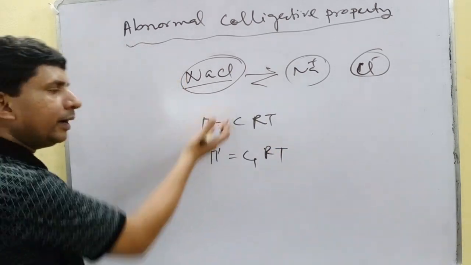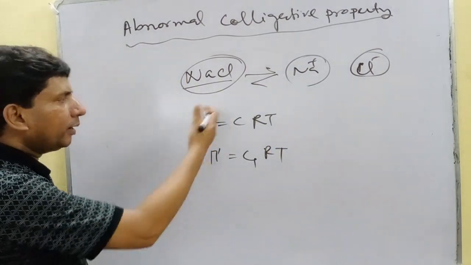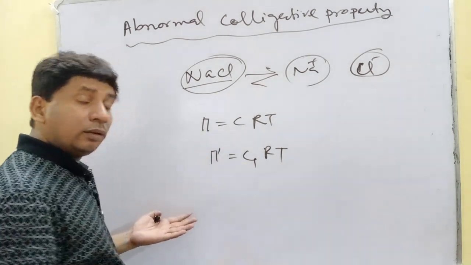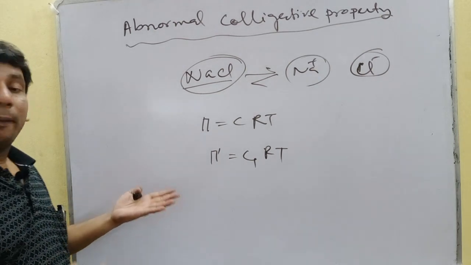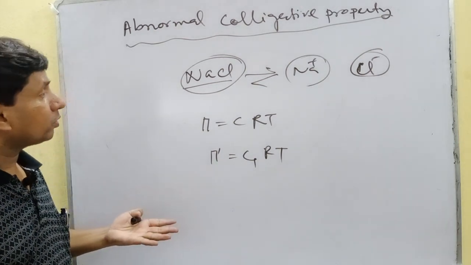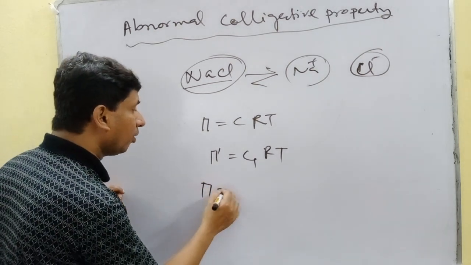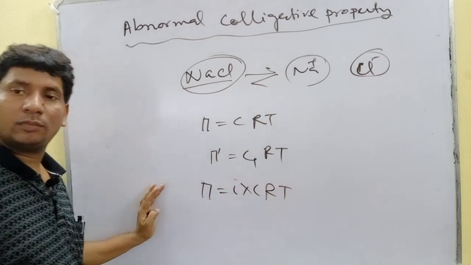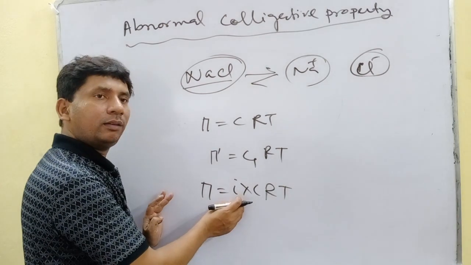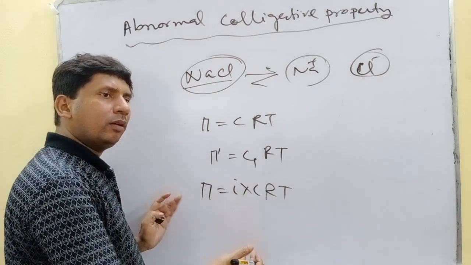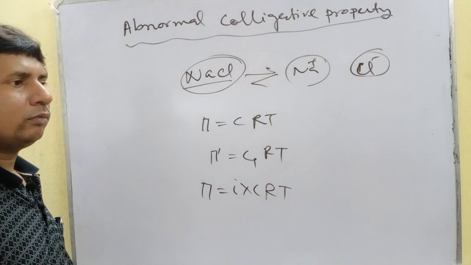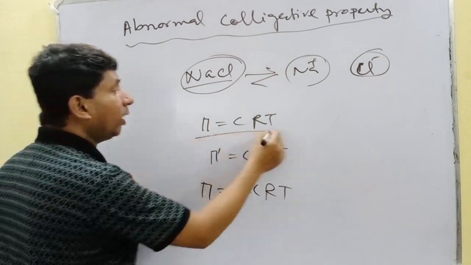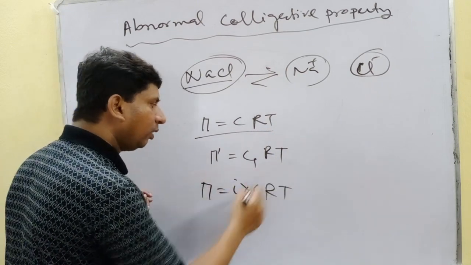Then how can we relate this? Van 't Hoff introduced that pi equal to i into CRT. Okay, there is a factor. It may be 1, 2 or less than 1, no problem. So this is the normal, this is the abnormal.